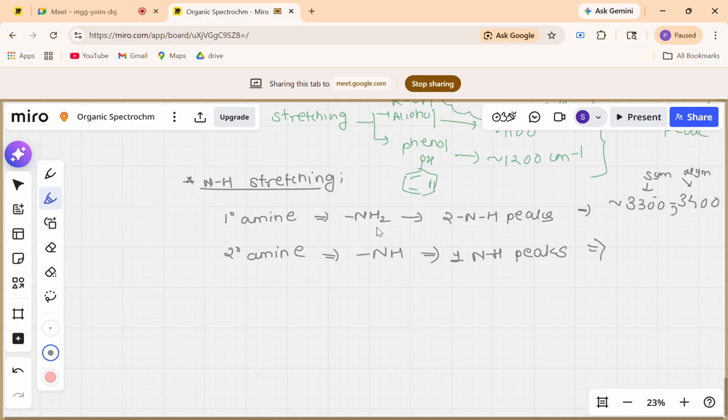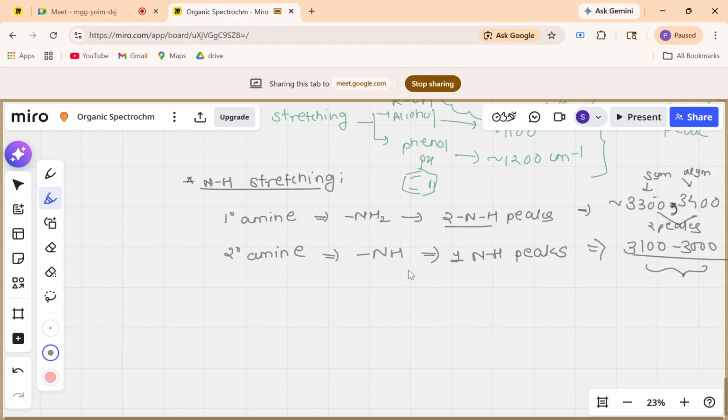And again, in case of secondary amine, it will be NH, right? R groups will be attached, alkyl or other side chains. So here only one NH peak will be present. Between primary and secondary amine, you can distinguish based on the number of peaks you are getting. In primary amine 2 hydrogens were there, so you will observe 2 peaks, one around 3300 and the other around 3400.